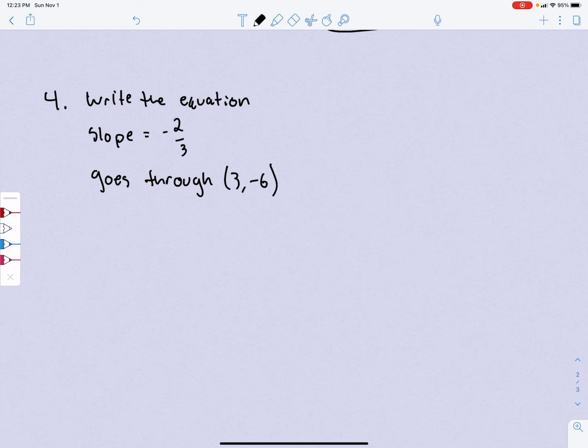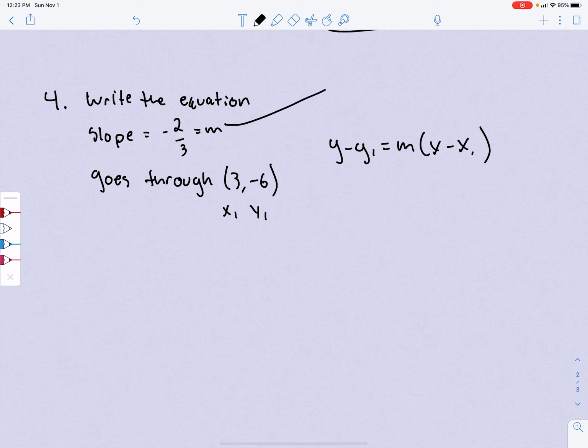So at this point, I know I have slope, and then I have a point. So I'm going to use the point-slope formula, which again is y minus y1 is equal to m times x minus x1. Now once I get to this point, I can label everything. So slope we know is m. 3 would be x1, negative 6 would be y1. Now I can plug everything in.